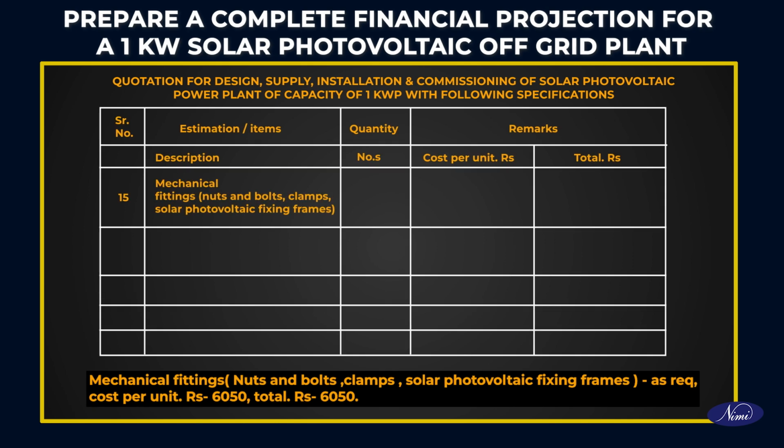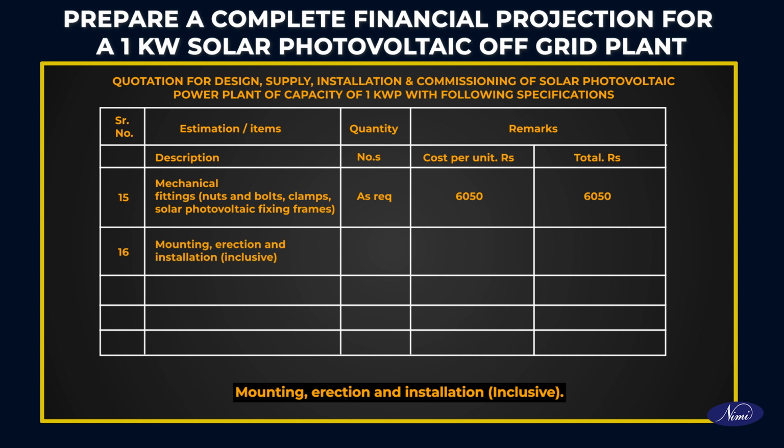Mechanical fittings, nuts and bolts, clamps, solar photovoltaic fixing frames as required. Cost per unit ₹6,050. Total ₹6,050. Mounting, erection and installation inclusive. Maintenance inclusive. User training inclusive.